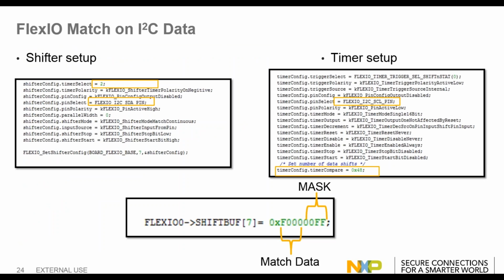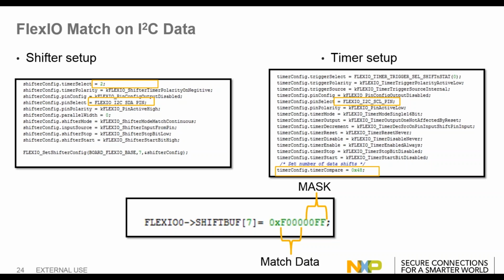So what we wanted to build for this example is a pattern recognition case where we can recognize when all the touch pads are being touched. In order to do this, there's a shifter setup that is shown on the left and the timer setup that is shown on the right. And there's a match data and mask that is shown on the bottom.